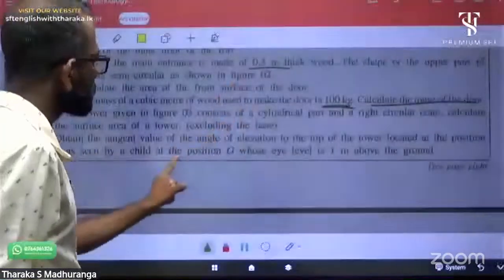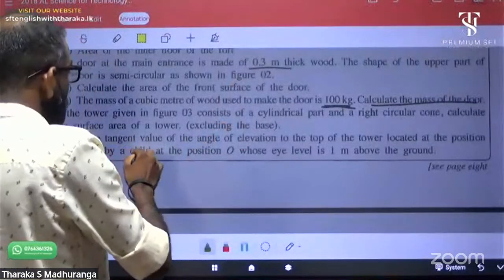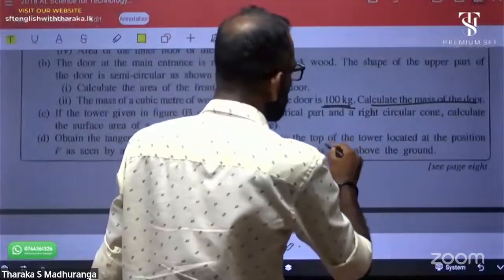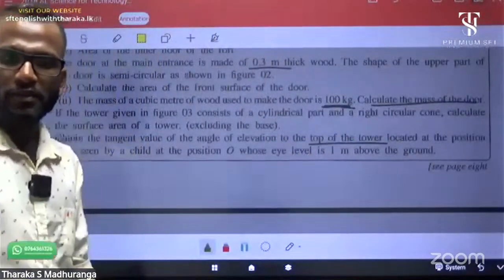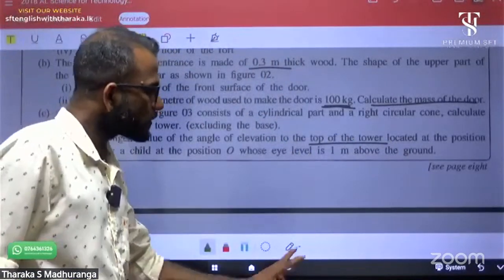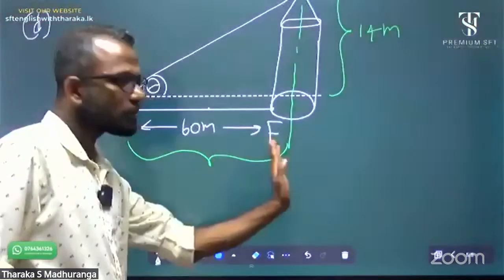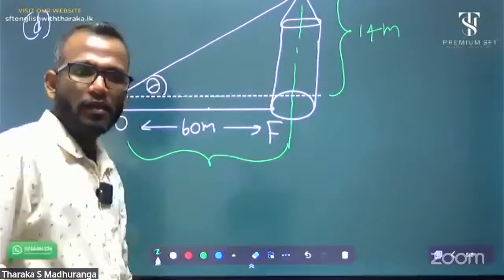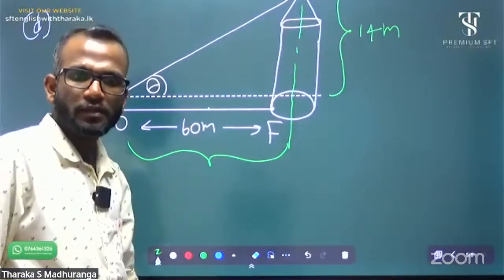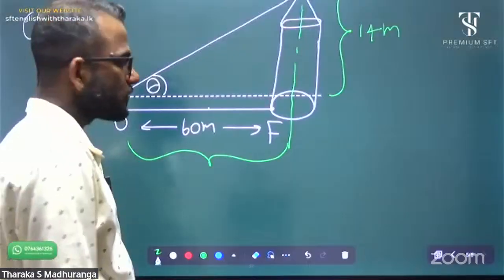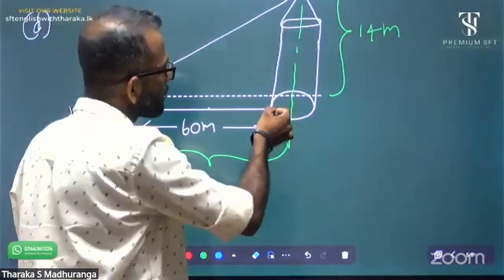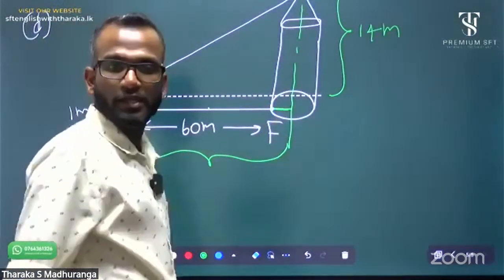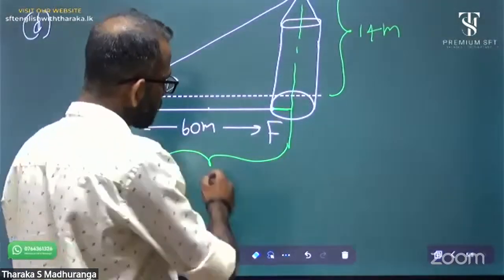What is this horizontal length? 61 meters, yes, because the radius is 61 meters. Great.